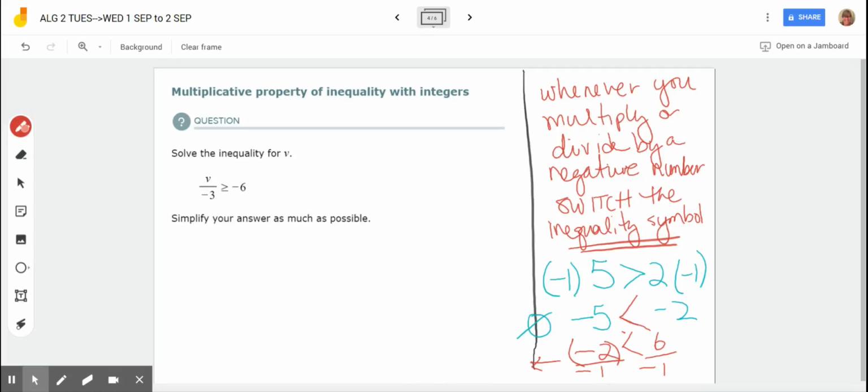All right, so let's take a look. Okay, we're going to take a look at this inequality. Here we go. You operate an inequality just like as if this was an equal sign, unless this happens right here. Just act like it's an equal sign. It's totally fine. So we want to get v by itself. Okay, v is the variable. We've got to get rid of the -3.